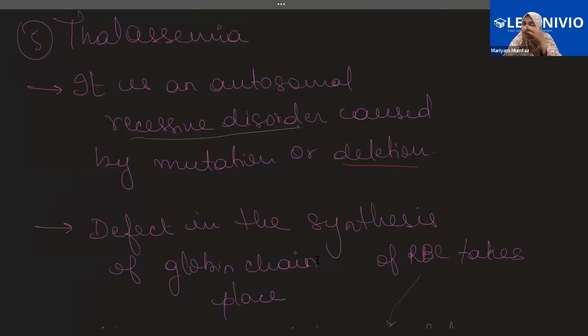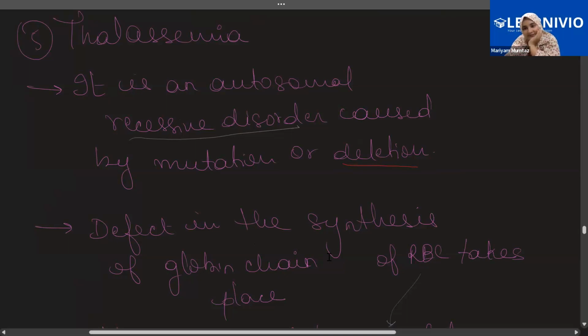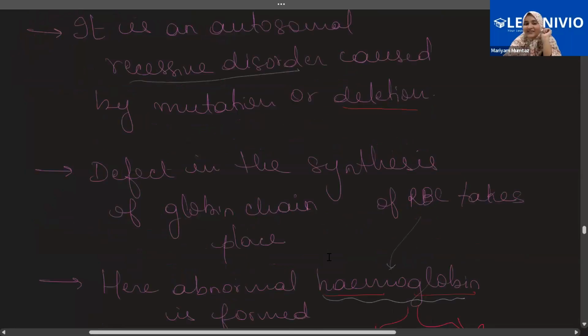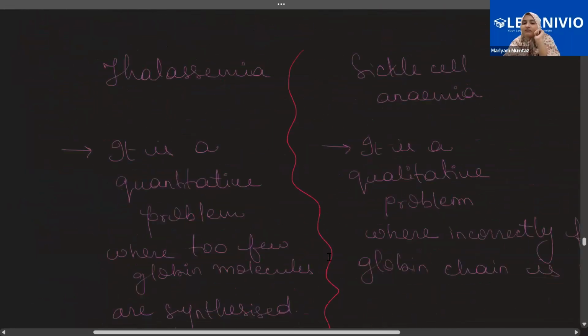That one is by mutation and this by deletion. You are right, you are on the right path. Sickle cell anemia is caused by mutation, a transversion, that is a substitution mutation. And here it is a deletion mutation. Very good. So this is the difference.